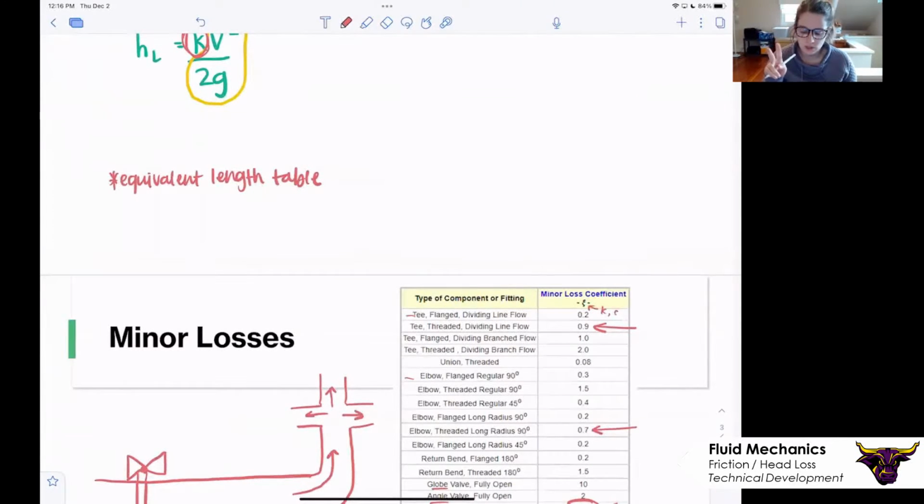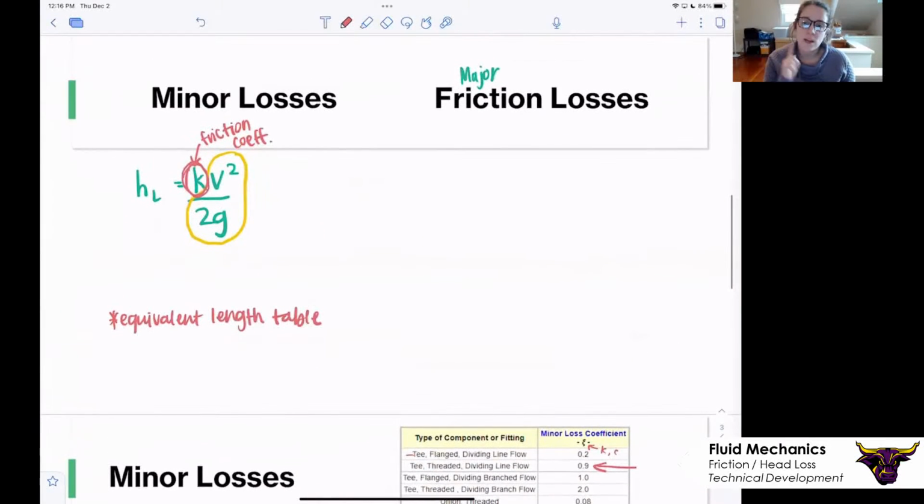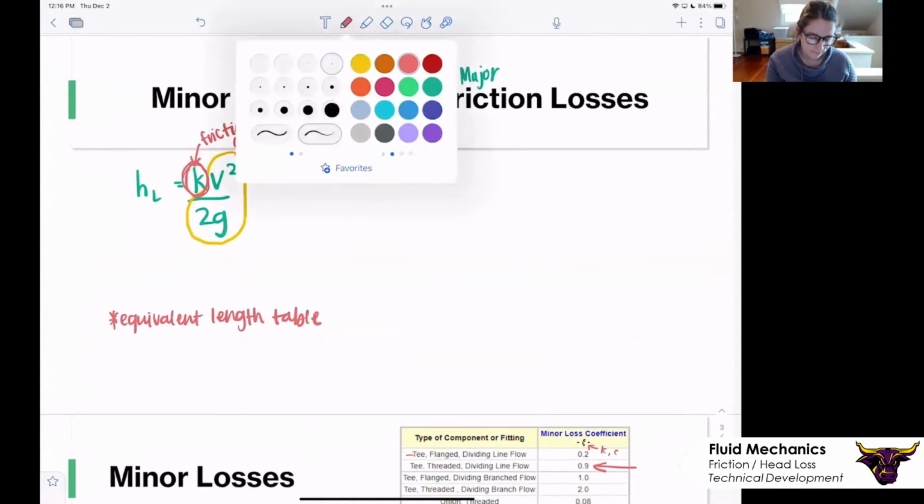So you have to make sure to distinguish, do I have a coefficient of friction or do I have an equivalent length? I'll talk to you about where that equivalent length can come in our major friction losses, but just be careful when you're looking up tables, you have to make sure it's a coefficient of friction if you are using this minor loss equation.